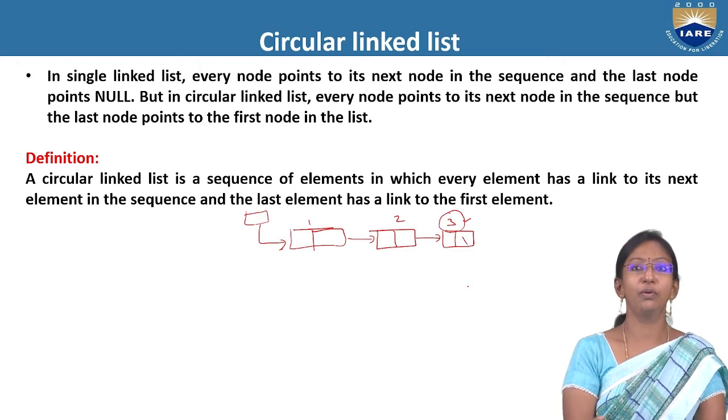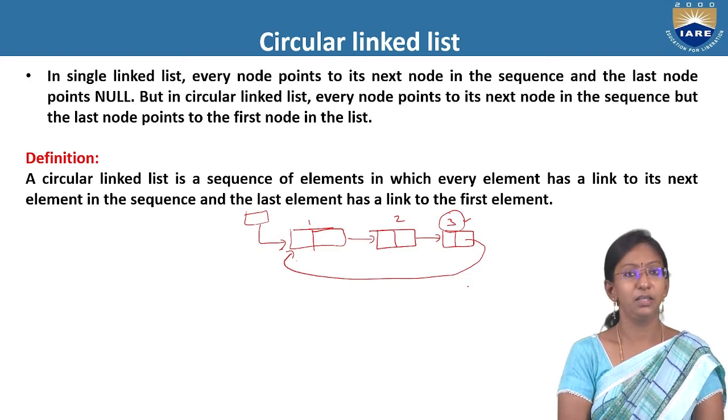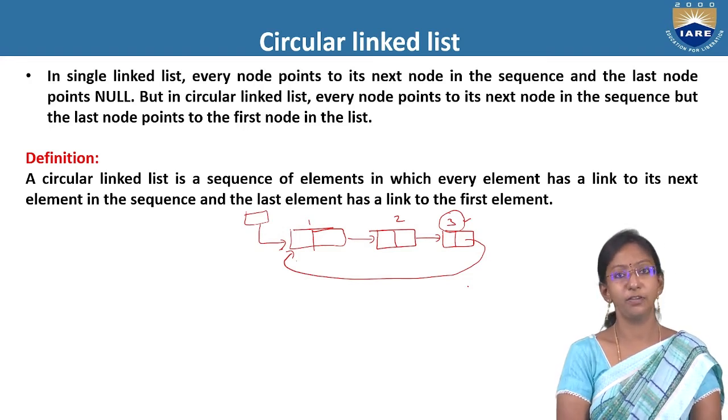So to overcome that, a simple solution will be storing the address of the first node in the last node, which says that the third node is going to say that the next node to me is the first node.